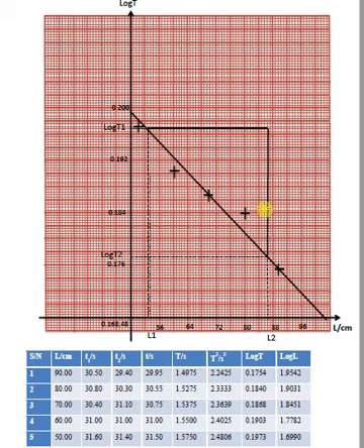Once you draw your right angle triangle, the next thing is to find your coordinates. That is log T1, log T2, L1 and L2. So to do this, let's say you want to find L1 and L2. All you need to do is to count the number of millimeter boxes from the origin to where L1 is, and also count from origin to where L2 is.